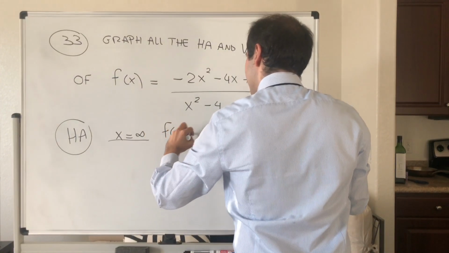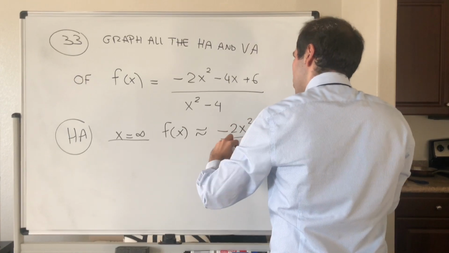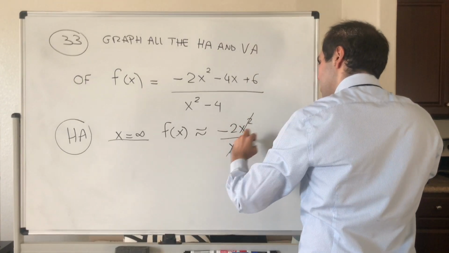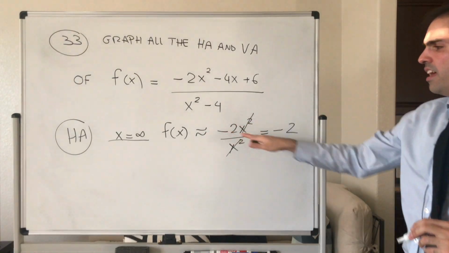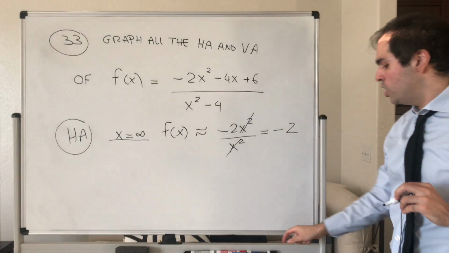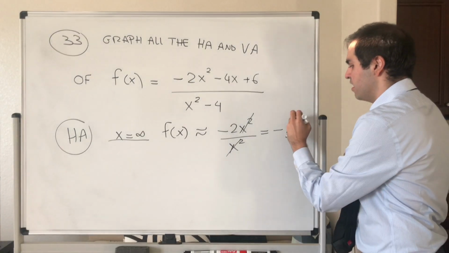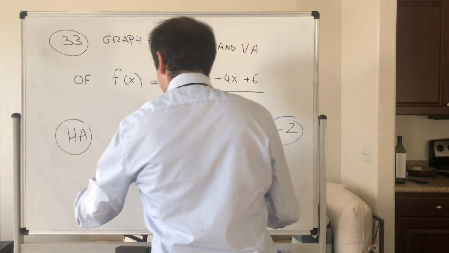So f of x is roughly equal to -2x squared over x squared, and this becomes -2. So in other words, as x goes to infinity, f gets very close to -2, and this is already telling us that y equals -2 is a horizontal asymptote.